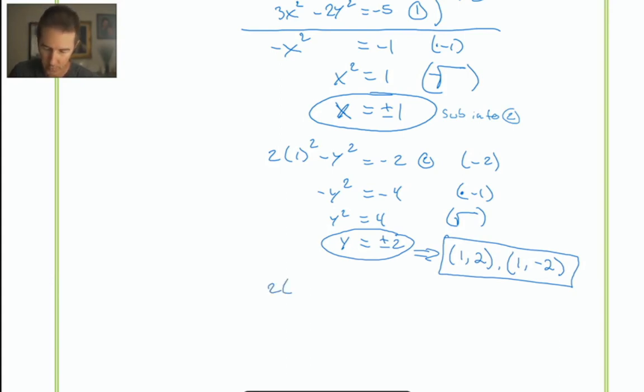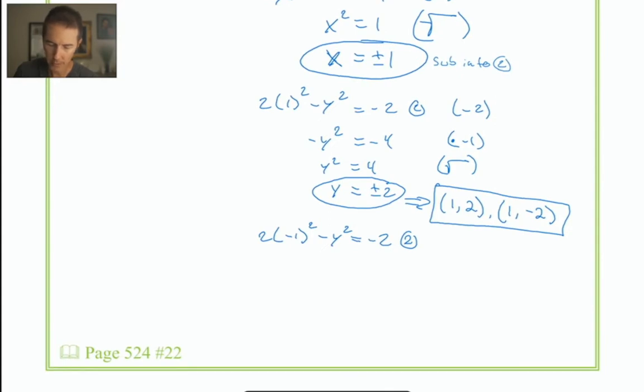So 2 times negative 1 squared minus y squared equals negative 2, and that's equation 2 that I've substituted my x value of negative 1 into. And of course, negative 1 squared is positive 1, times 2 makes that a 2 again, and I'm going to take this 2 and subtract it from both sides of my equation, just like I did previously.